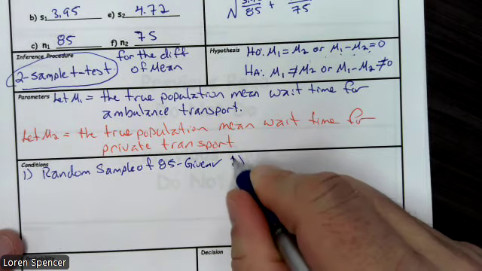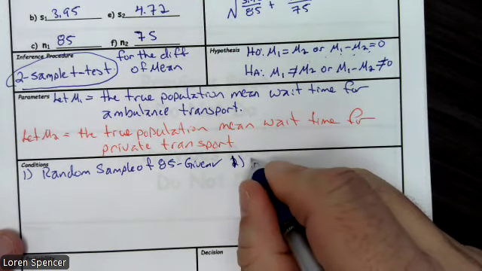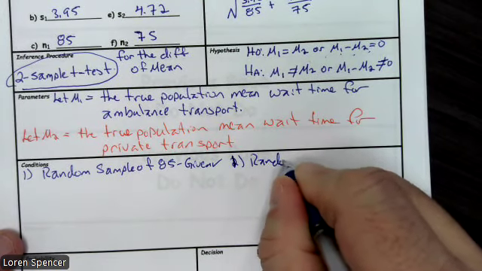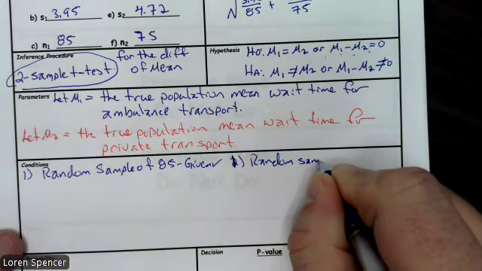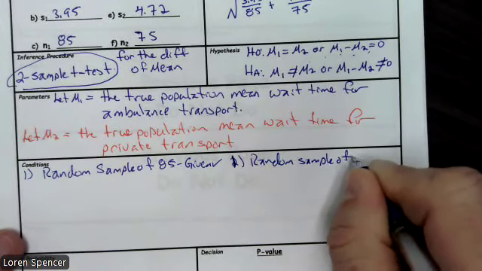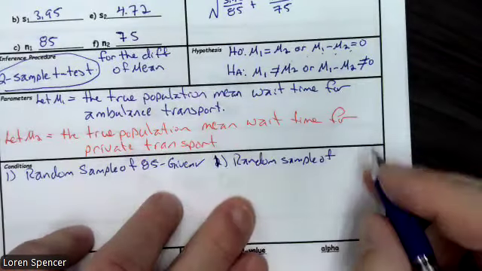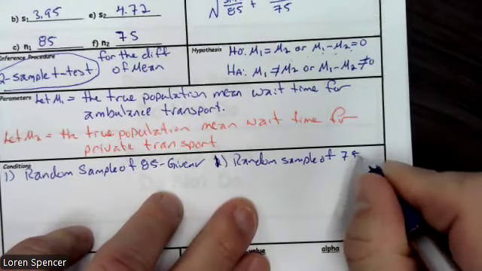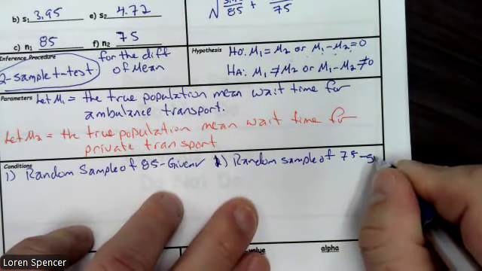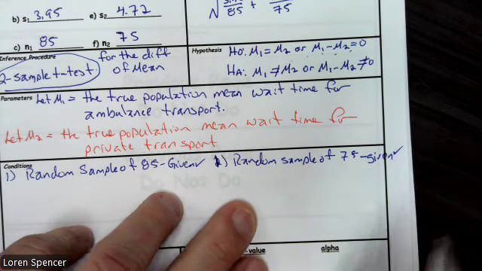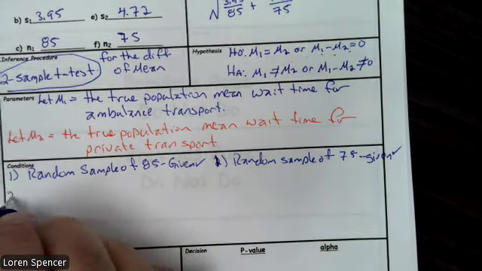The other one, random sample of 75 given. Here's where I'm going to combine.